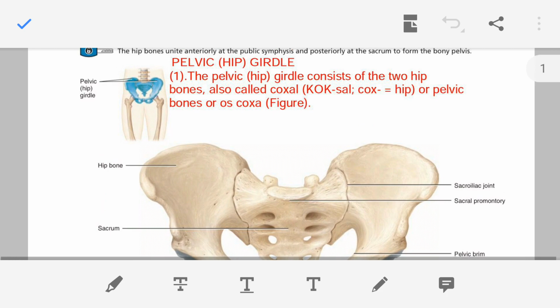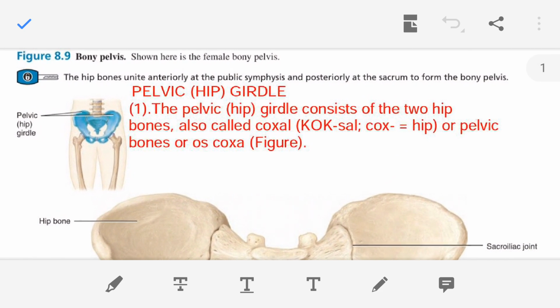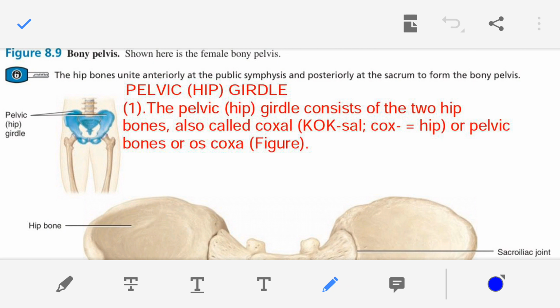So in the structure of the pelvis girdle there are two hip bones, and the hip bones are also known as, here it is not coxal, we should pronounce this as coxal. So in the pelvis girdle there are two coxal bones, and cox means hip. Now these hip bones are also known as the pelvis bones or os coxa.